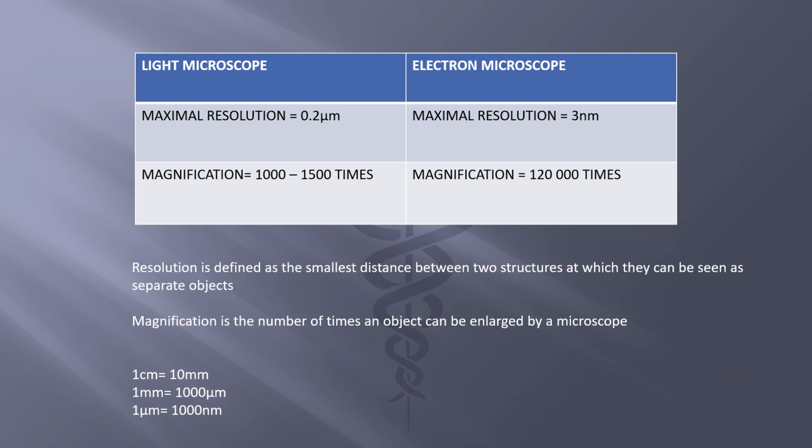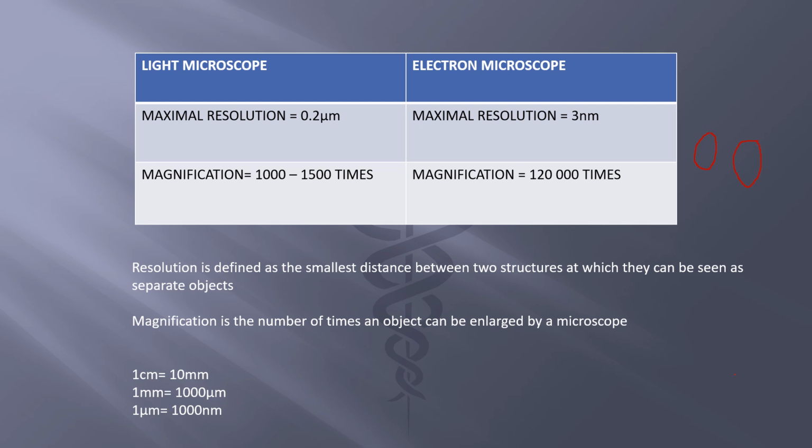And the second aspect of resolution is that the microscope can distinguish between adjacent organelles that have a distance of greater than 3 nanometers between them. Okay, let me use an example over here. In a cell, you have 2 mitochondria. This is one mitochondria, and this is the second mitochondria over here.